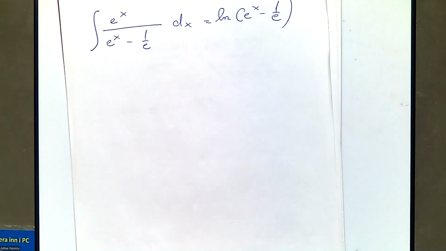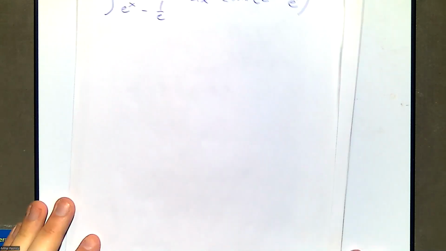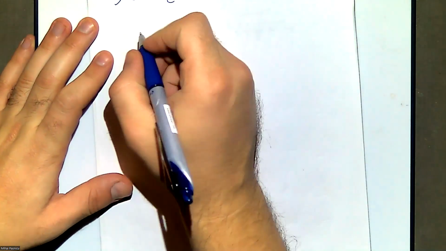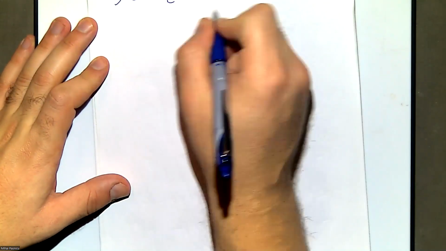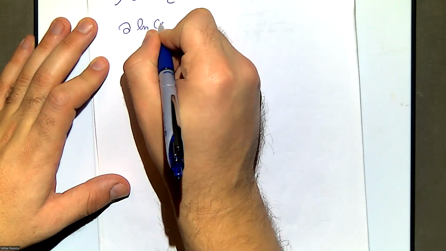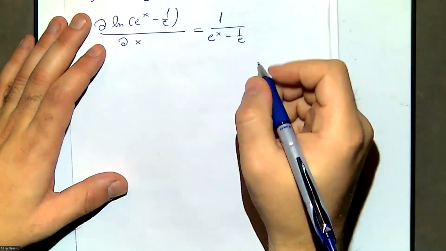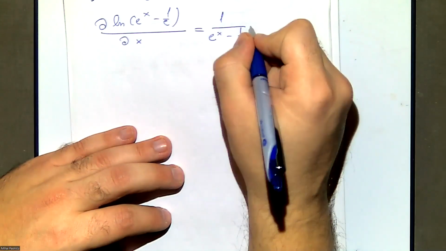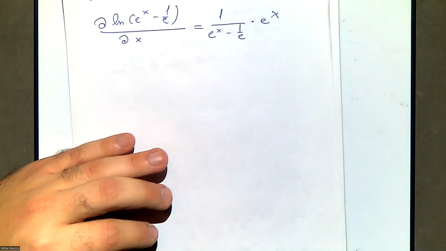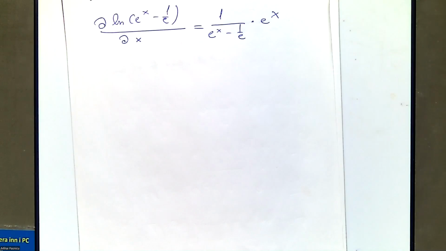I have no idea if it works, but it's usually a great idea to try that. So I'm just going to try it. In the sense that the derivative, am I right or am I wrong? It just works out.